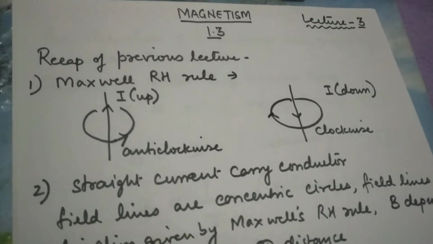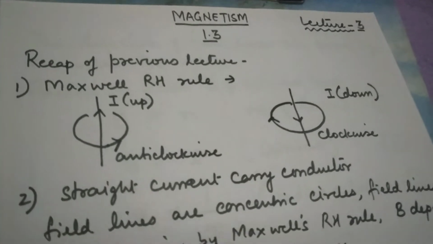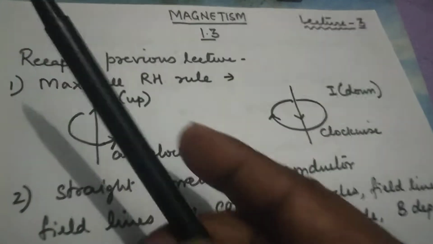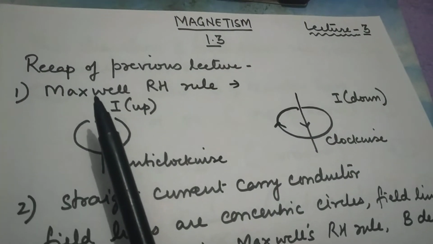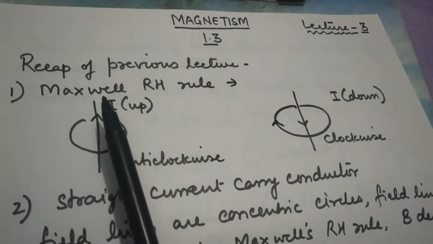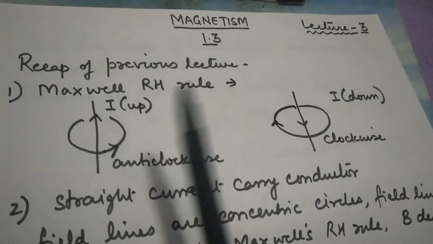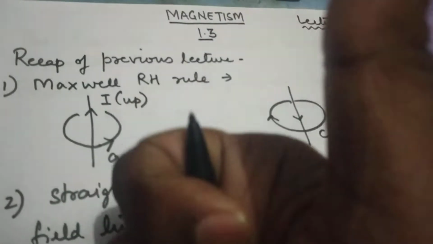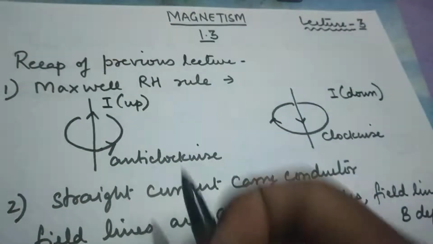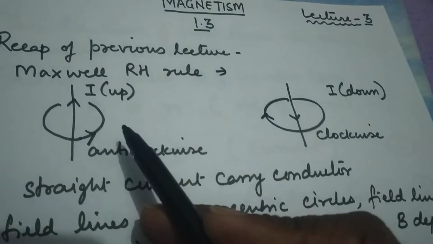Before we start today's topic, I have a small recap of the previous lecture. Dear student, let me remind you that you studied a rule applied for electromagnetism, the popular Maxwell right hand rule. When we hold a straight conductor in our right hand, if the current is pointing up, the field lines encircle in the anti-clockwise direction.